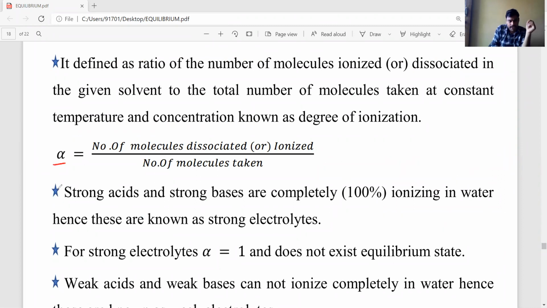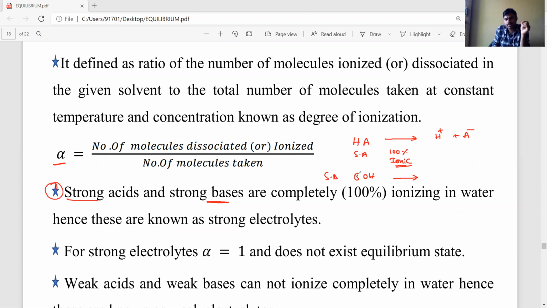Now, the alpha value depends on the nature of the acids and bases. For strong acids and strong bases, for example, HA is a strong acid. It can be 100% ionized, which means completely dissociated, to give H plus and A minus. Or take a strong base BOH.